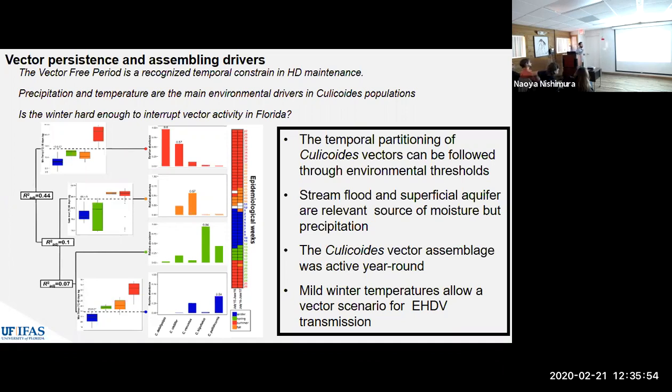One of the most interesting things is that, first, Culicoides in northern Florida are active year-round, so we don't have any gap that would interrupt transmission. Also, precipitation is not as important as was previously mentioned. So we have two constraints that are related to the amount of groundwater and not precipitation, and also the temperature.